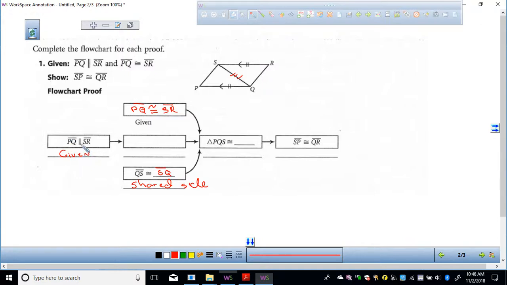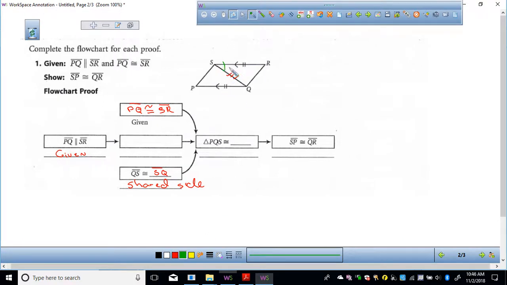This doesn't mean congruent, it means parallel. But if two things are parallel, what does that make congruent, Greg? It means that the angles are also going to be the alternate interior angles. Very good. Okay, so that means that this angle here and this angle there are congruent, right? So this angle, I'm going to call angle RSQ.